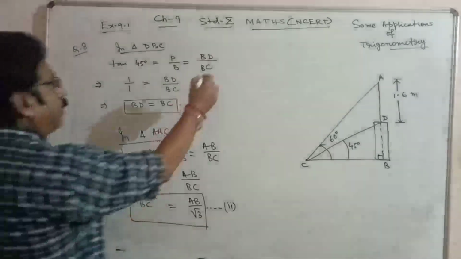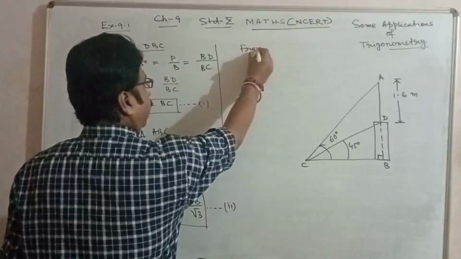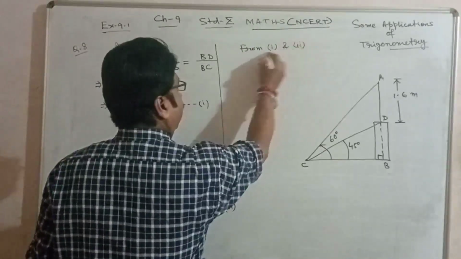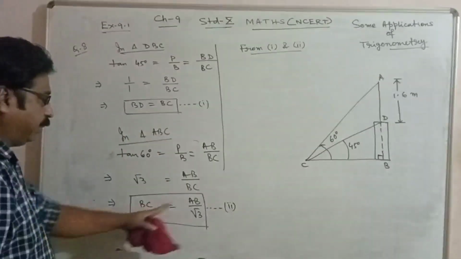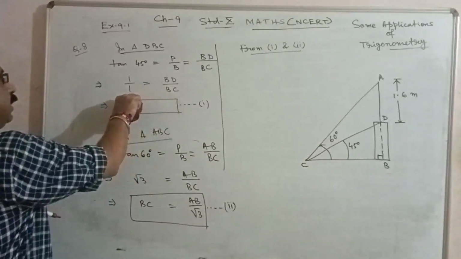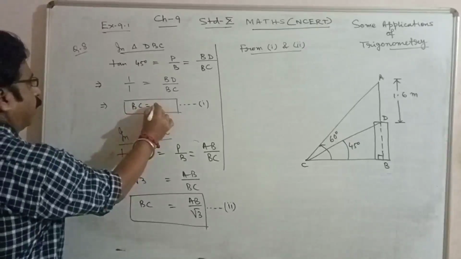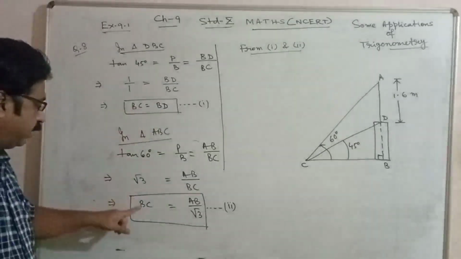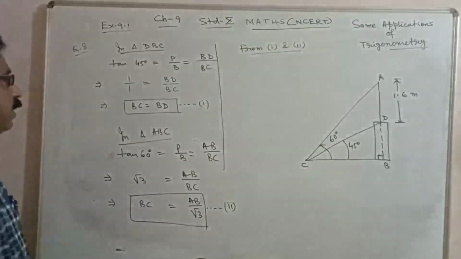So from 1 and 2, BC means BD and BC means AB upon root 3. This is BC, this is also BC, so BD will be equal to AB upon root 3.